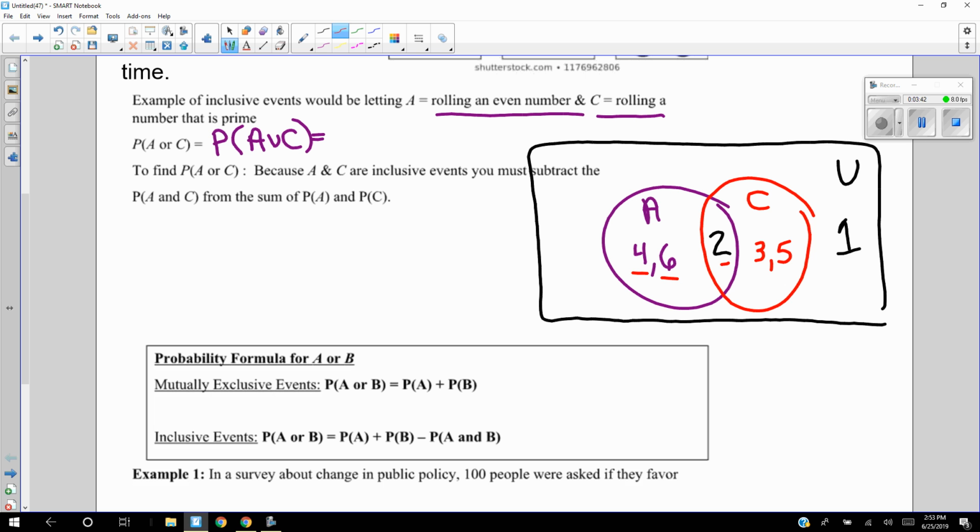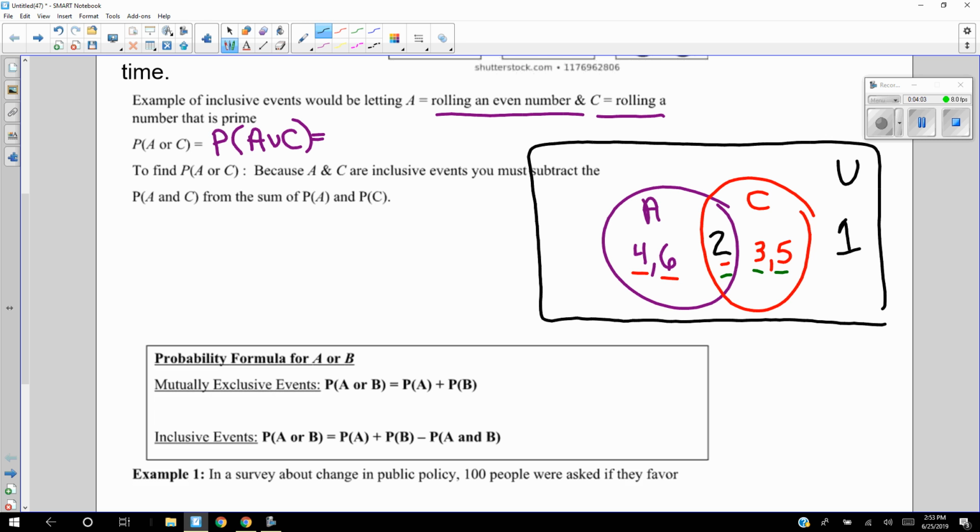So we're going to add up everything that's in A and everything that's in C, except you've got 3 numbers in A, and you've got 3 numbers in C, but one of those numbers, we don't want to count it twice, because it can only occur one time. So even though technically we underlined 6 numbers there, 2 we don't count twice.